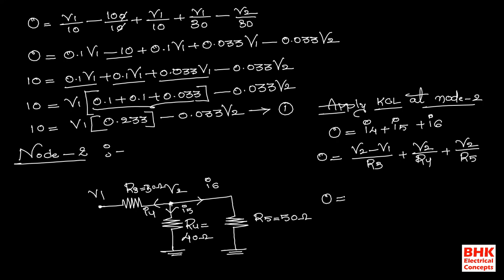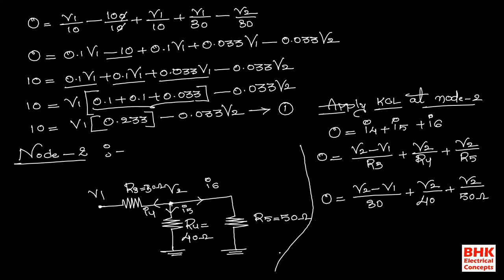Okay. Now 0 is equal to (V2 minus V1) divided by R3, meaning 30 ohms, plus V2 divided by R4, meaning 40 ohms, plus V2 divided by R5, meaning 50 ohms. Now here I am just splitting it. So 0 is equal to V2 divided by 30 minus V1 divided by 30 plus V2 divided by 40 plus V2 divided by 50.